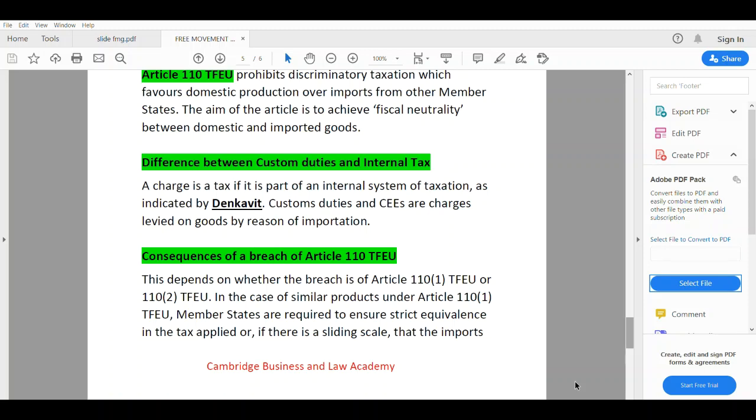So how can we determine which products are similar and which are competing? Identifying similar products is very easy. For example, if Italy imposed a tax rate of 5% for 1 kilo of bananas, then it should be imposed on both domestic and imported bananas.